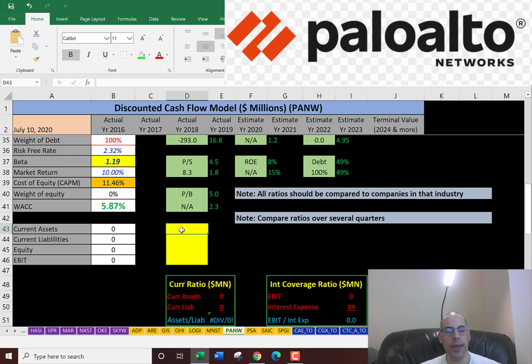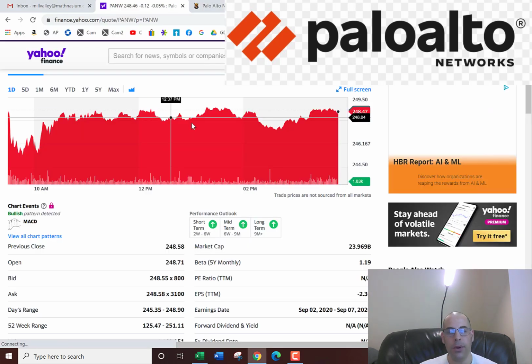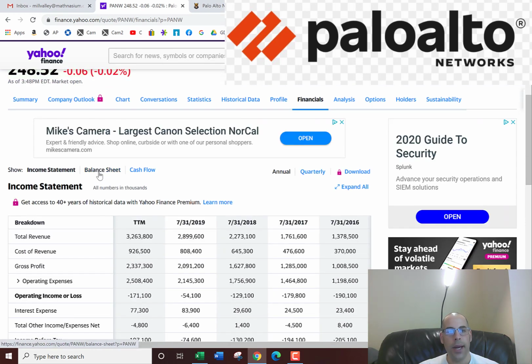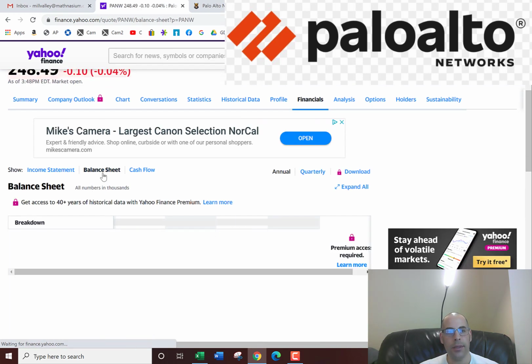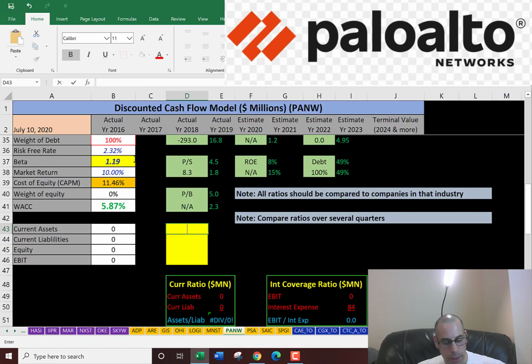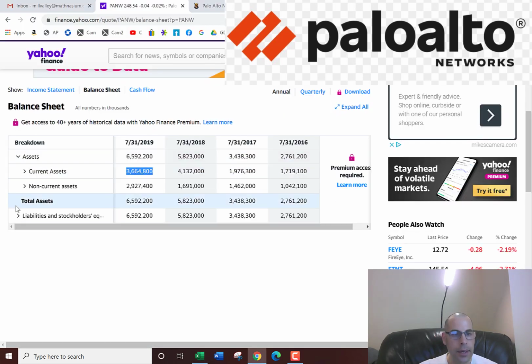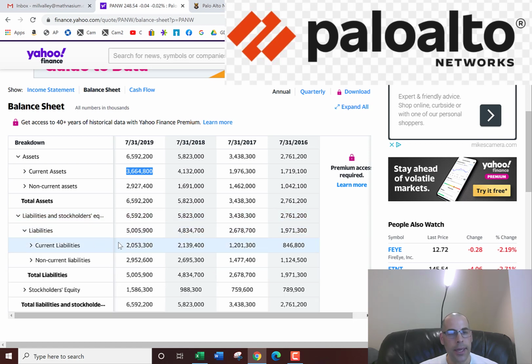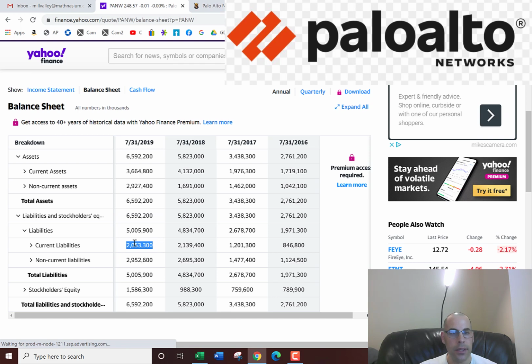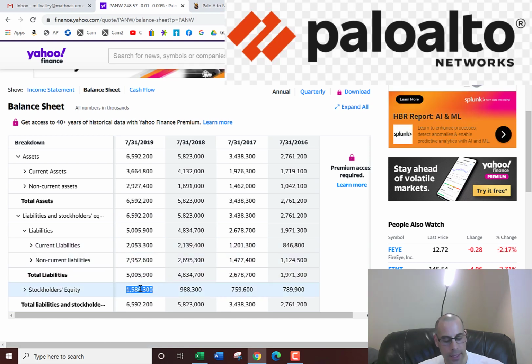We're going to look at the financial ratios later, so we need some more information from the balance sheet. Let's get their current assets. These are assets which mainly include cash, accounts receivables, and inventory. And that's $3.7 billion. And let's get their current liabilities. These are debts and payables which are due within 12 months. That's $2 billion. And equity is assets minus liabilities.